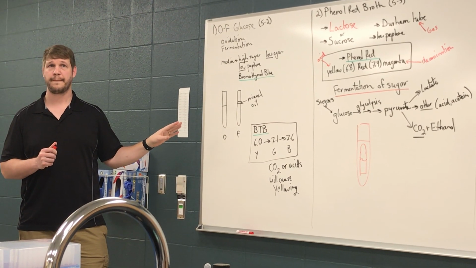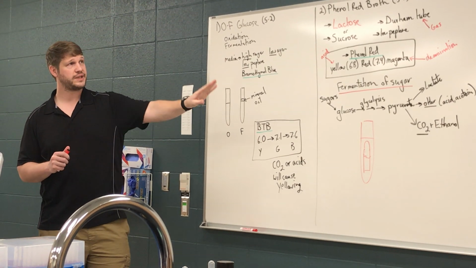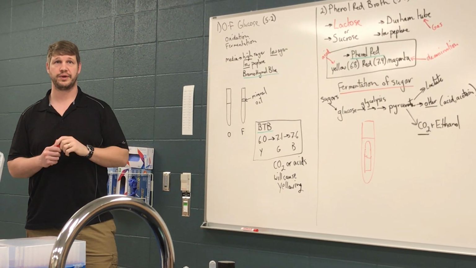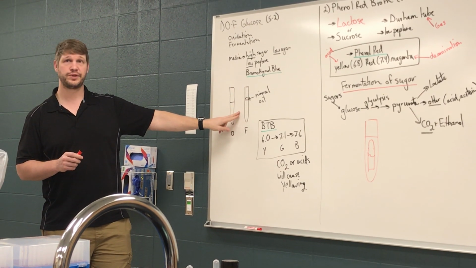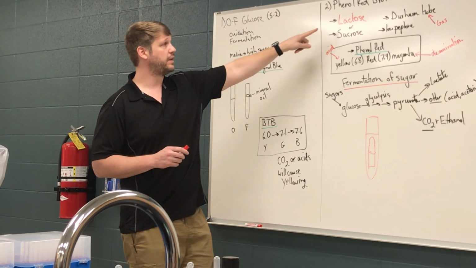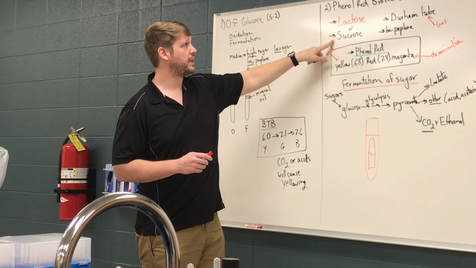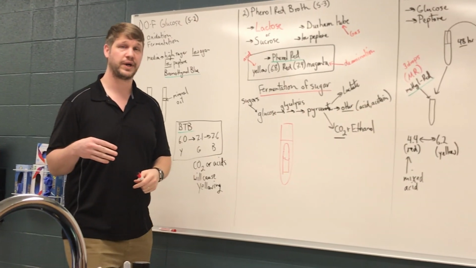Are we using all 4 organisms or both of them? Yep. So all of these tests today, you'll test all 4 of your organisms. So you'll need 2 tubes for each organism here, so you'll have a total of 8. You'll need 1 lactose and 1 sucrose phenol red broth for each of your 4 organisms.